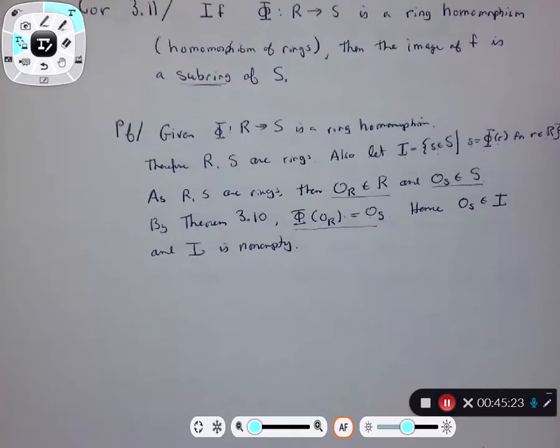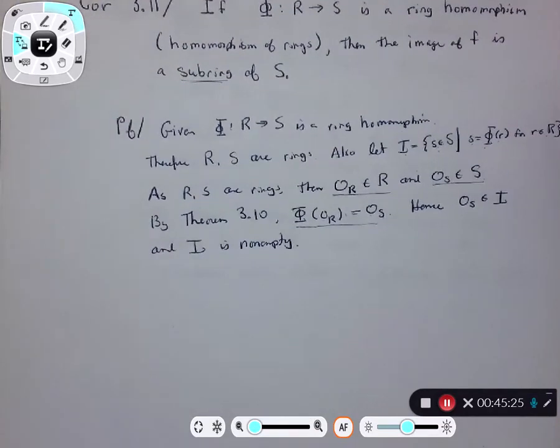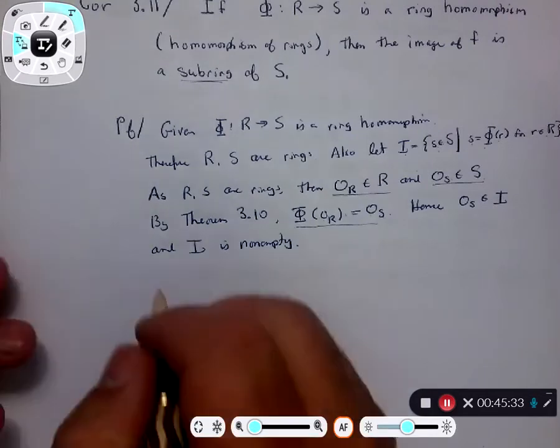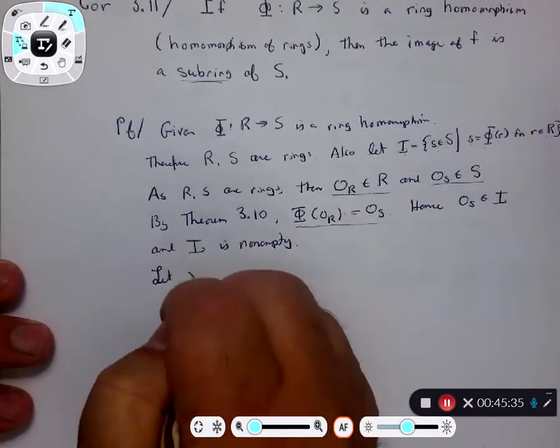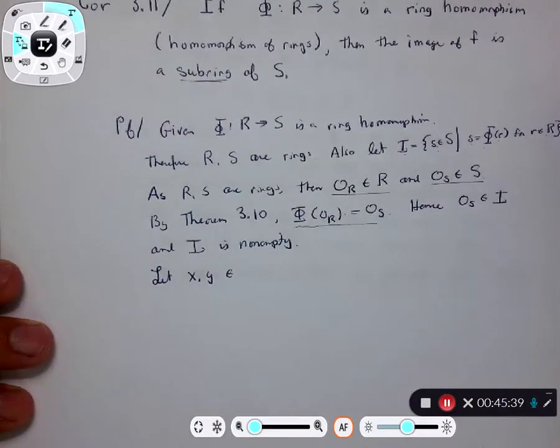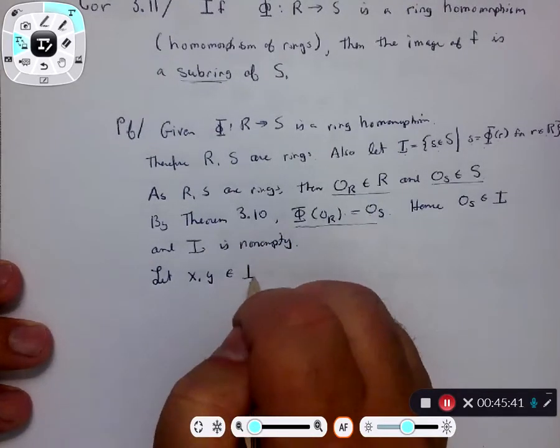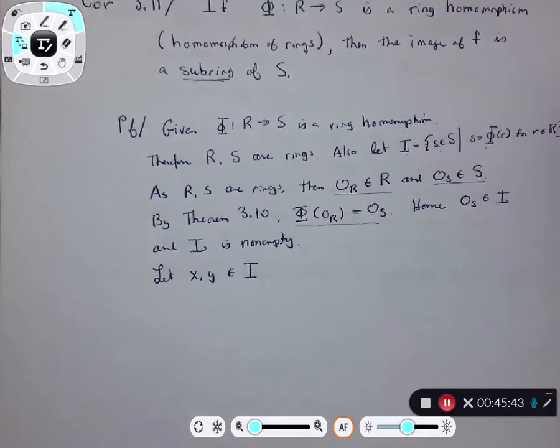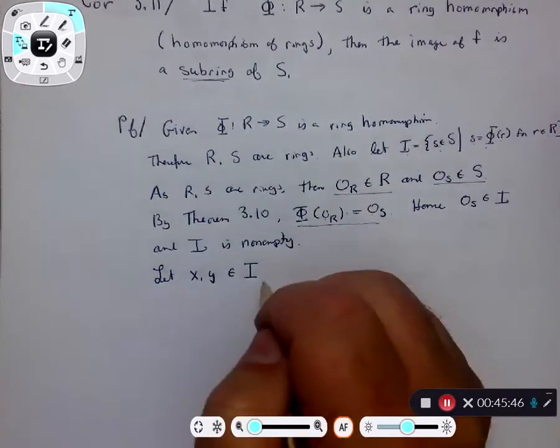So continuing on. The next thing I have to do is show closure under subtraction. So I need to give myself two elements. What are my favorite elements? X and Y. So let X and Y be elements of the set that you're trying to show is a subring, elements of I. But then you have to tell me what that means.